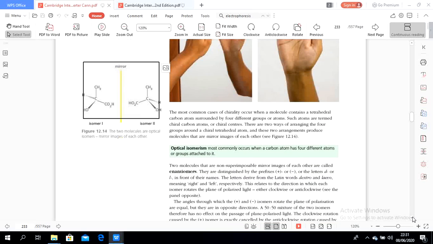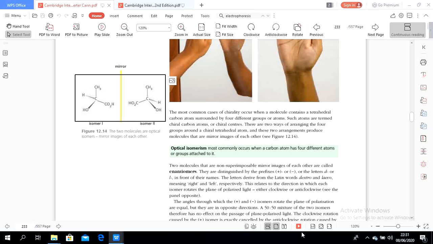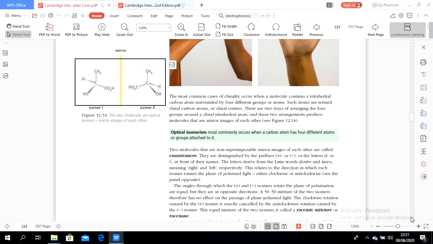So optical isomerism occurs in a molecule that has a chiral center. What is a chiral center? It is a carbon that has four different atoms or groups of atoms attached to the carbon itself. These two isomers are called enantiomers, left and right.